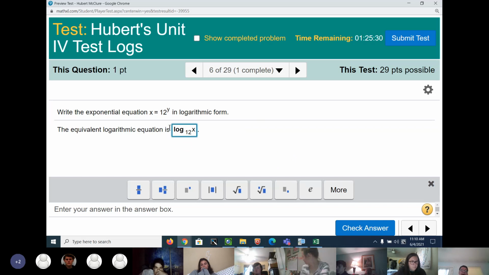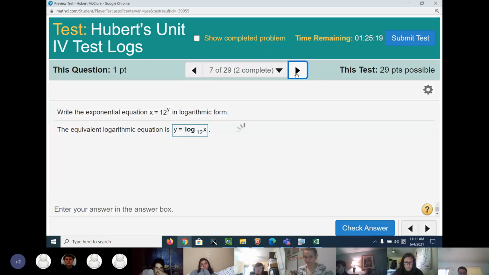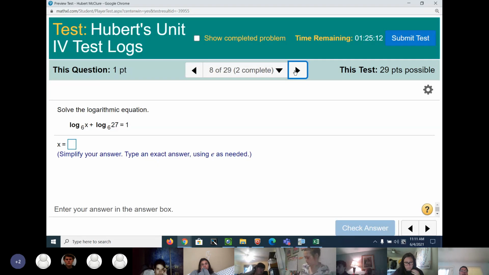And I bet they want y is equal because that's part of the definition of a logarithm. So make sure you put y is equal. Next question. And y'all know the bonus questions. There you go. Solve that one.